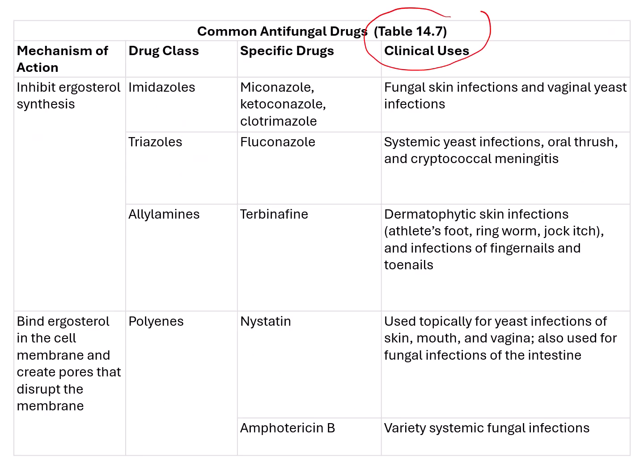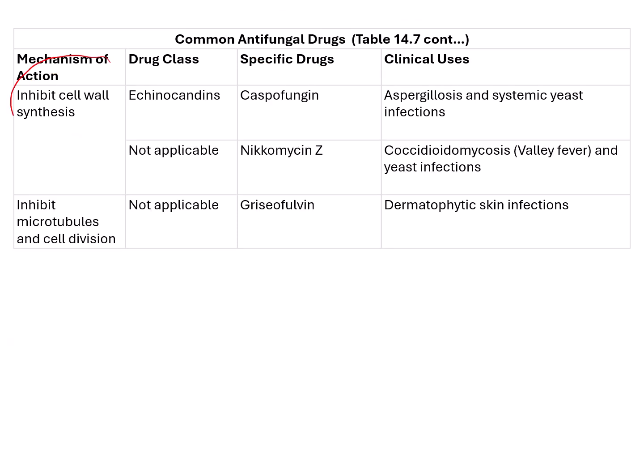And our book also has a table for our antifungal drugs. So to summarize, we had drugs that inhibited ergosterol synthesis, drugs that bind to ergosterol to form pores in the membrane, as well as drugs that inhibited cell wall synthesis by blocking beta-glucan or chitin synthesis, as well as drugs that block or inhibit mitosis by inhibiting microtubule formation.